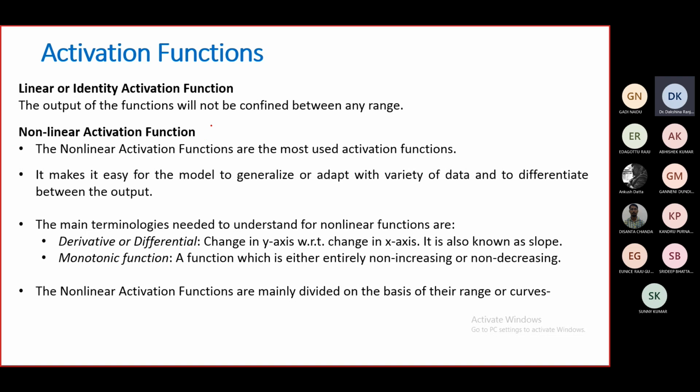Now why do we use the nonlinear activation function? Because it will make the model more generalized, or it can adapt to a variety of data in order to differentiate between the outputs. Now to understand the nonlinear activation function, we can use two different terminologies. One is the derivative or differential, and another is the monotonic function.